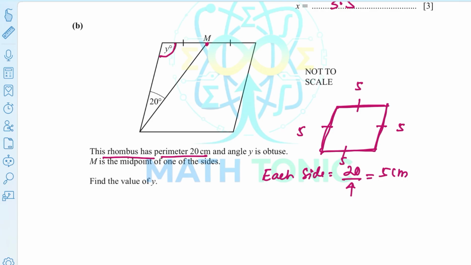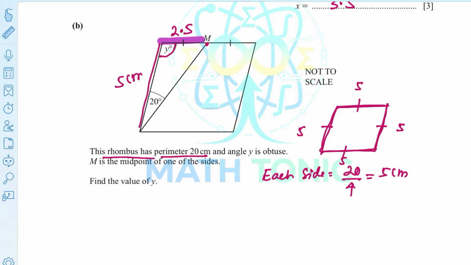Is it okay? Clear? As per the question, M is the midpoint. That means this is 2.5 centimeter, and this one is 2.5 centimeter. Clear? Now, find the value of y.